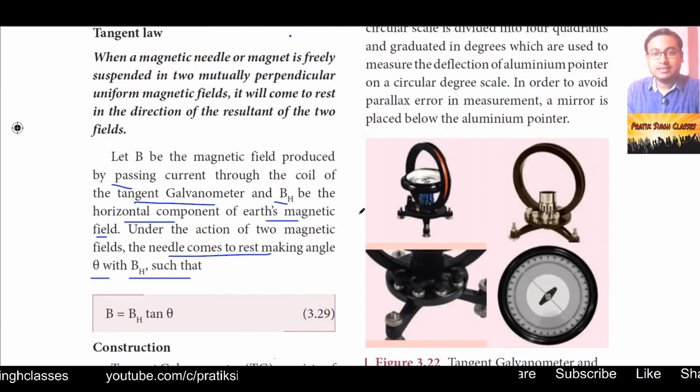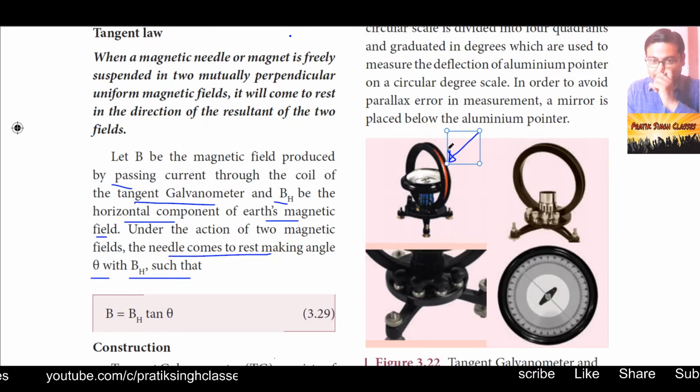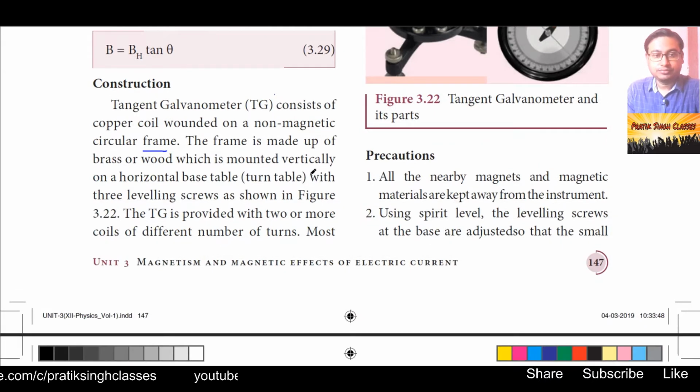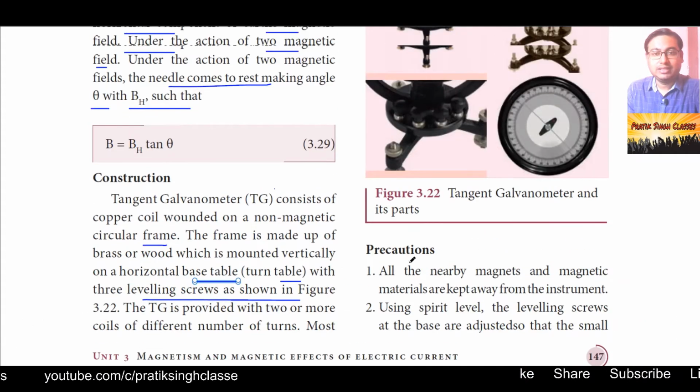As you can see here, copper wire is wound here, and this circular frame is non-magnetic. Most probably it will be made of plastic or wood. The frame is made up of brass or wood, which is mounted vertically on a horizontal base table or turntable with three leveling screws as shown in figure 3.22.